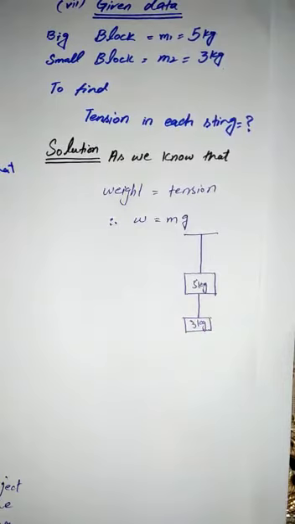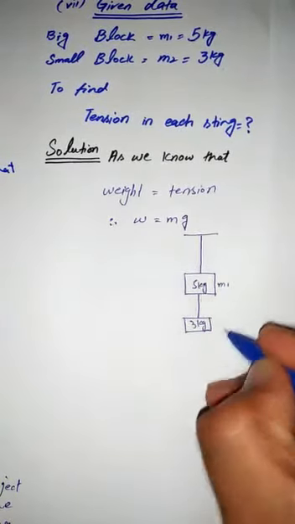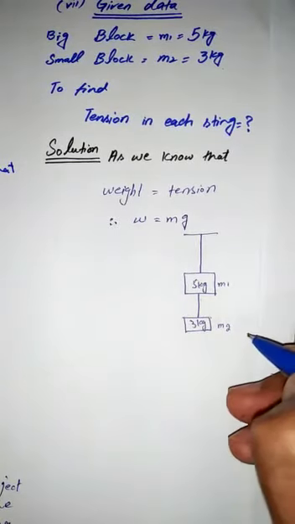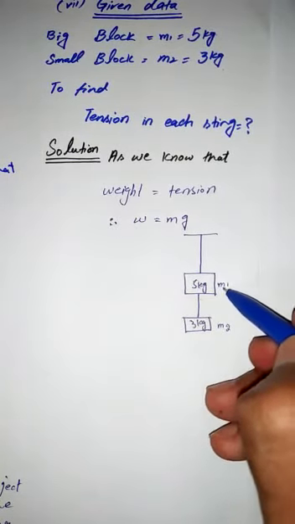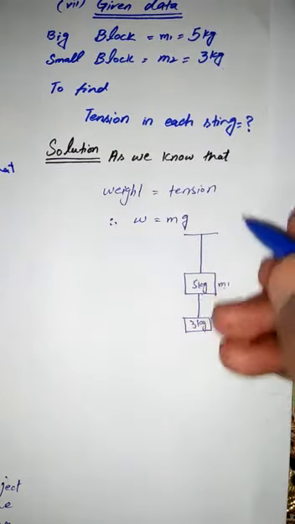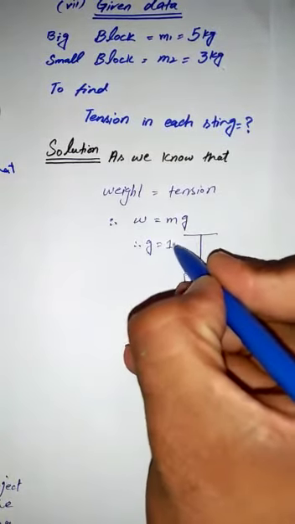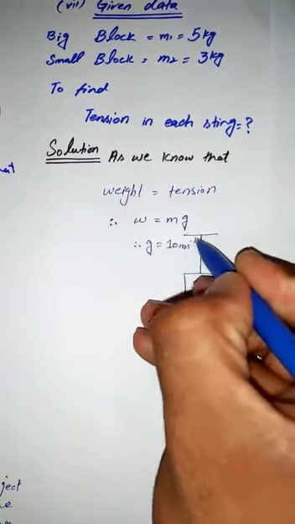It is up to us which we take first. We are taking mass m1 and m2. First we have to find the weight of this object, and the weight of this object is equal to m1 into g, where g is gravitational acceleration, equal to 10 meter per second square.